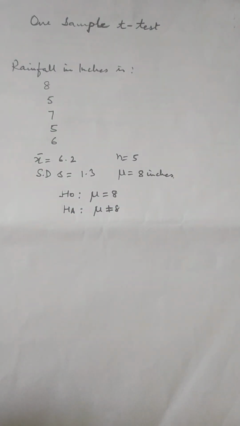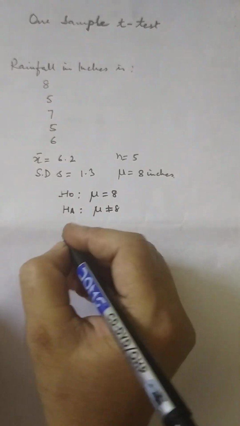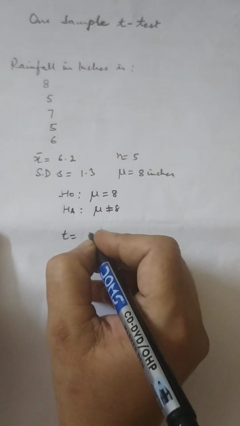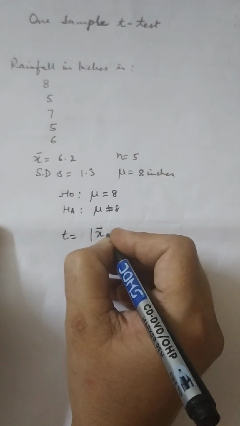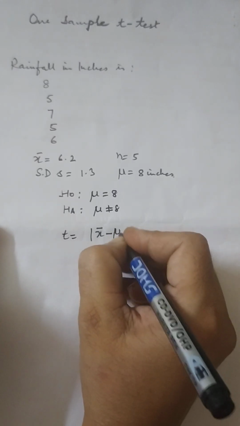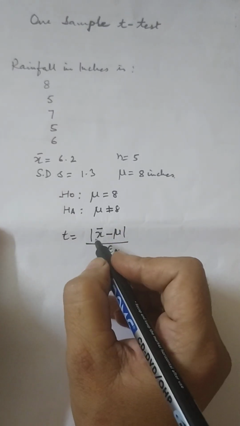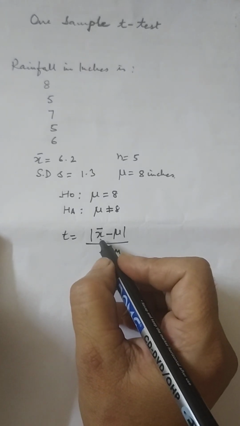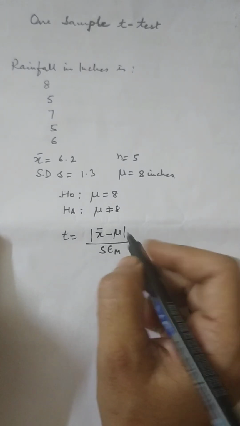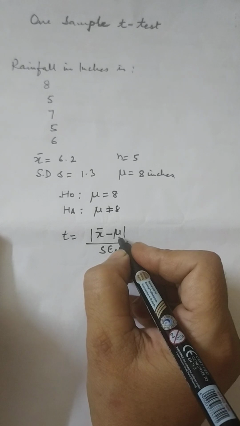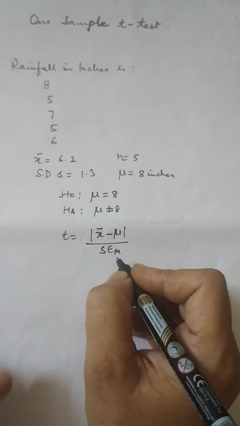So for finding the t value, it is calculated using this formula. t is the absolute value of the difference between the mean score of the sample and the population mean, divided by the standard error of the mean.